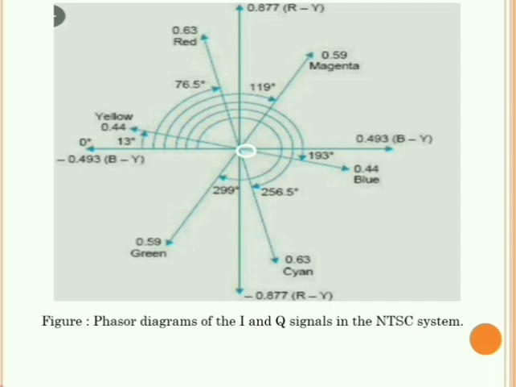Then we saw what NTSC is, that is National Television System Committee. We have seen the basic NTSC system, then the phasor diagram of the NTSC system. In the next lecture we will see the NTSC system transmitter and receiver, that is encoder and decoder.